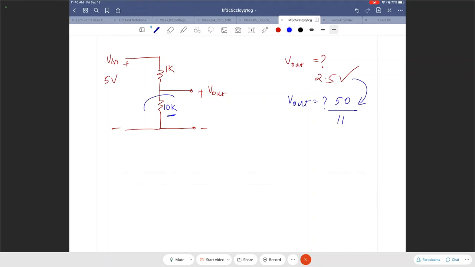And this could be 1K, 1K, 1K, 1K. This is using V equals IR. It's based on Ohm's law, but by applying Ohm's law to a circuit with resistors in series, you can derive the voltage divider equation. That's what we are applying here.